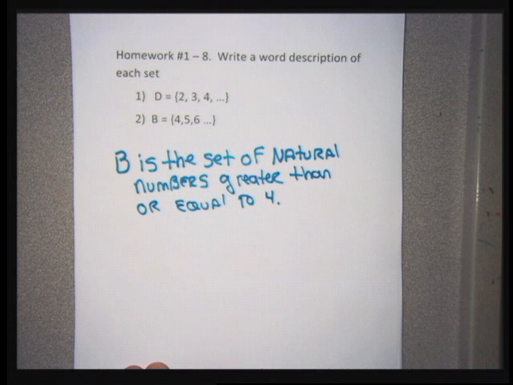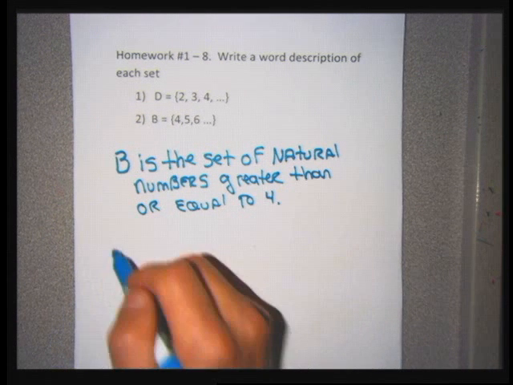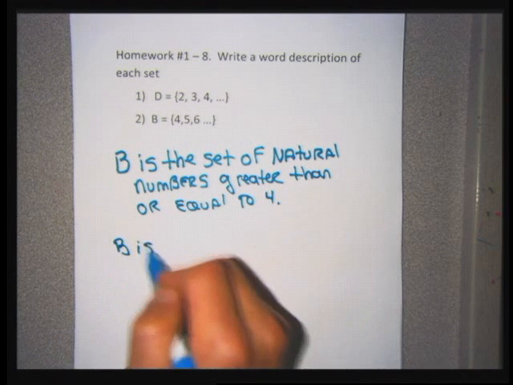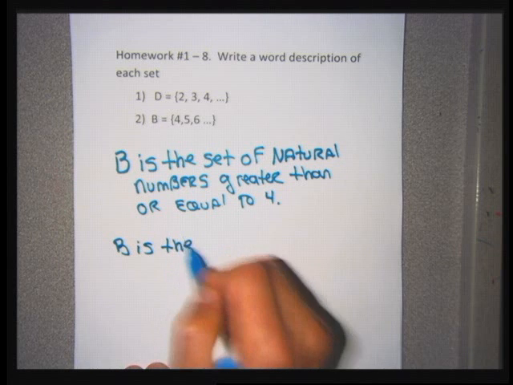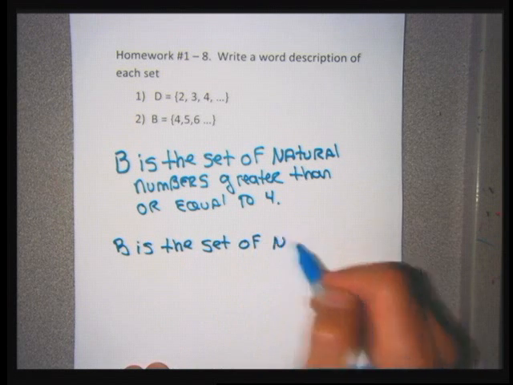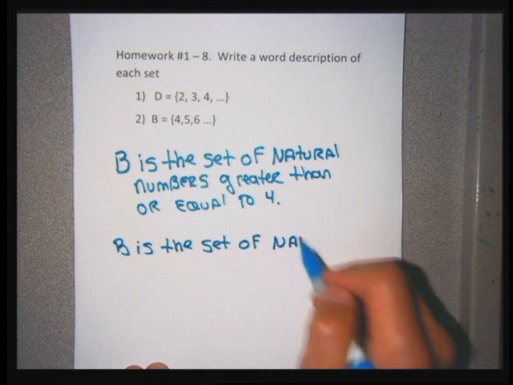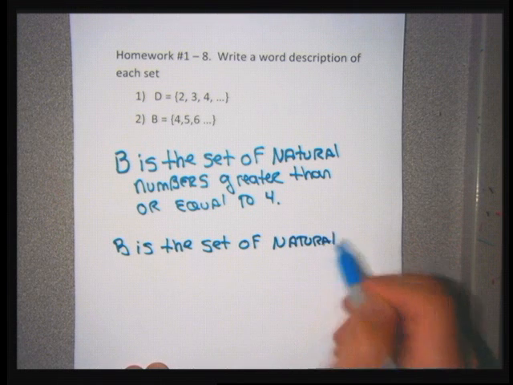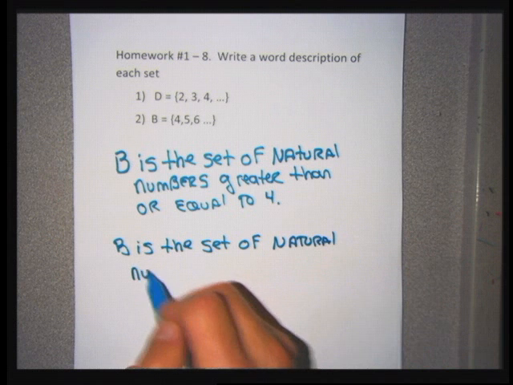I could say it's the set of natural numbers greater than 3 but not equal to 3, for the same reasons that worked before, because it's the same set.